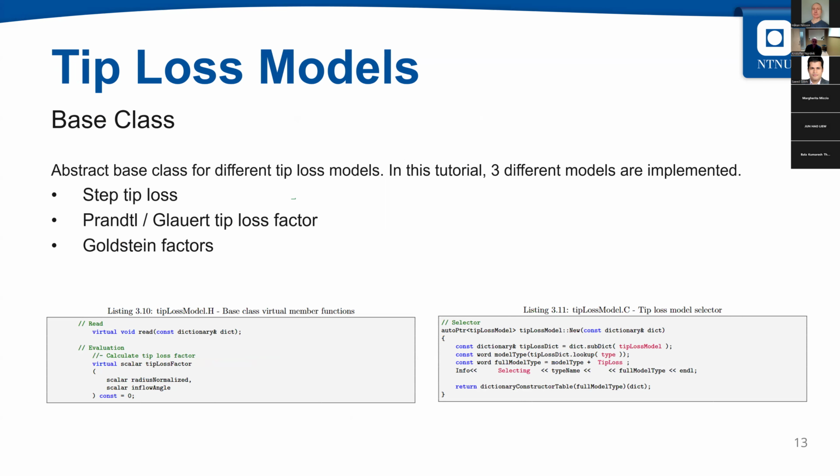Second modification is this tip-loss model, which is now included as an abstract base class, such that you can select this tip-loss model in your case when you're setting it up, rather than changing the library, for instance. And I've included 3 different tip-loss models here.